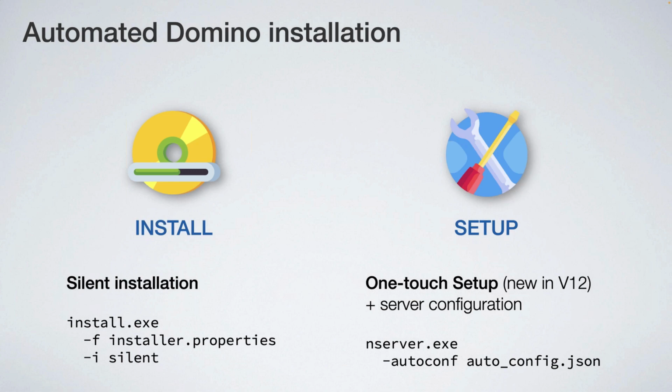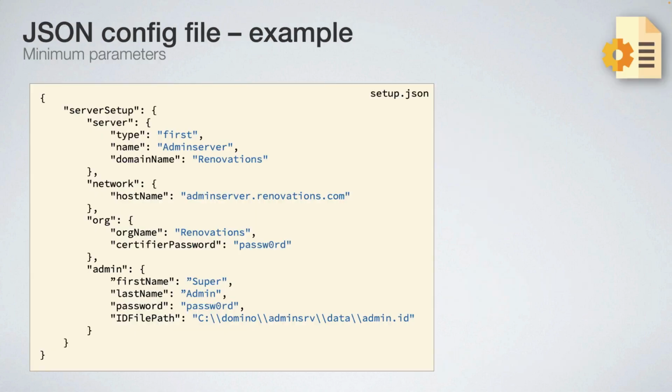In version 12, we added the so-called one-touch setup, and it simplifies this setup again to one command. You can see it: server.exe with autoconfig and the parameter. The parameter is a JSON file which is human readable, and you can see it on the screen.